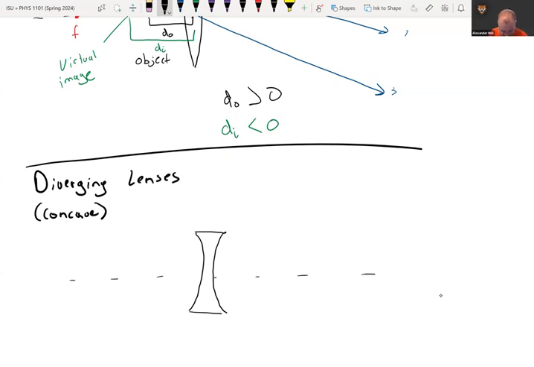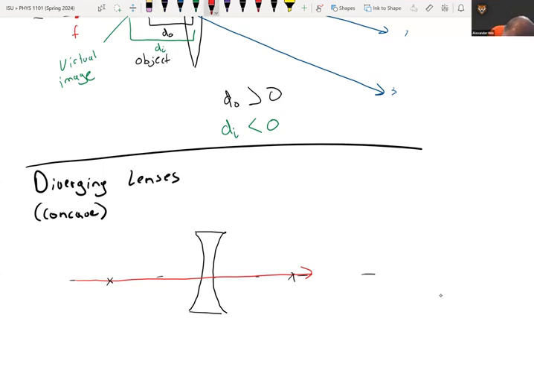And basically what happens here is that the ray on the center still goes straight through. But what's interesting is, I'll give a focus here. It should be a little further out.